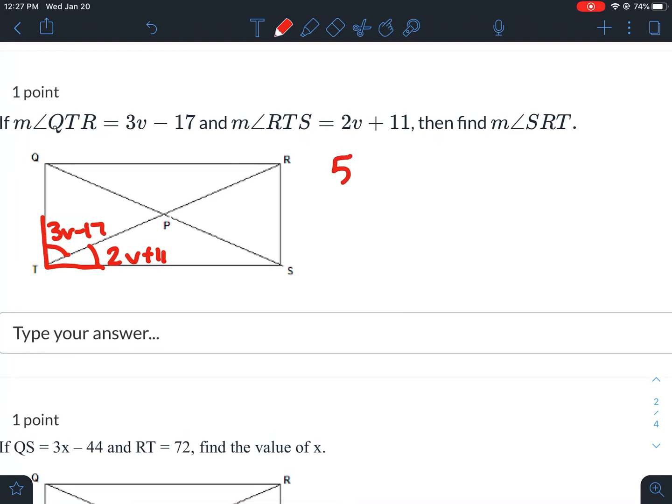So we're going to have 5v, negative 17 plus 11 is going to give us minus 6, equals 90.